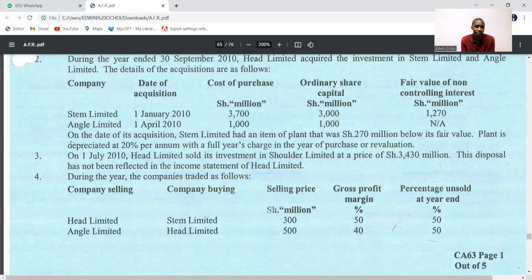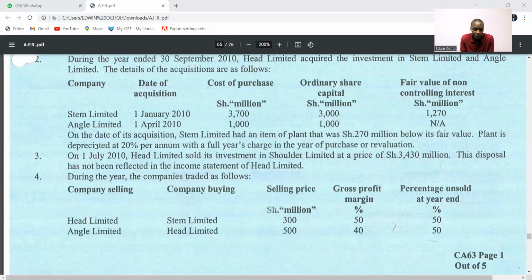You take the difference. So in this additional information, number 2, you can see that they are giving you the revaluation gain direct by saying on the date of its acquisition, STEM had an item of plant that was 270 below its fair value. So that is a revaluation gain.